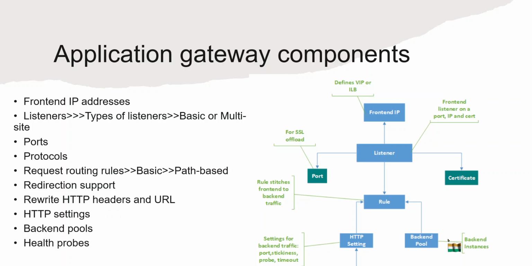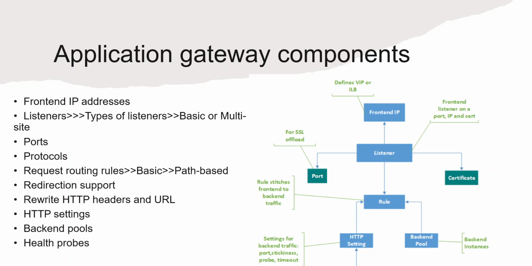If you can see the backend pool over here, the backend pool has to be configured with the servers to which it will connect, and the health probes. So it has various components in it.